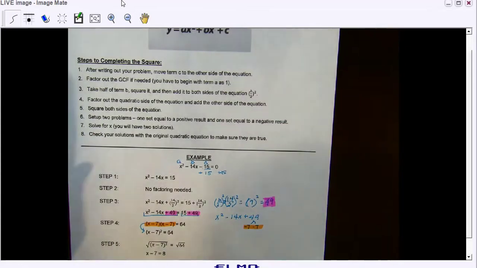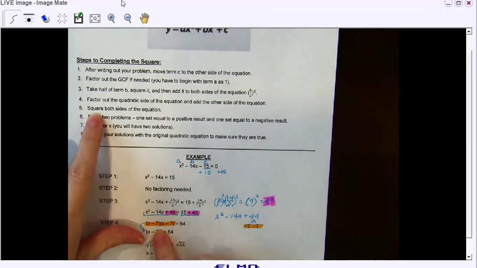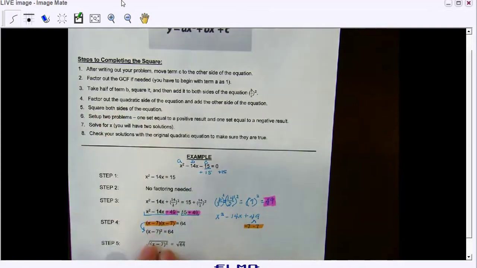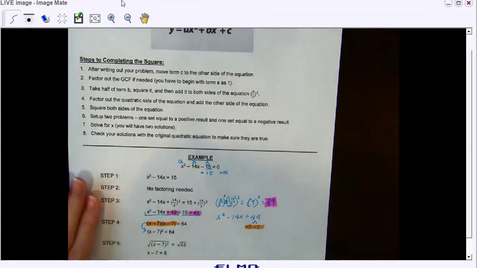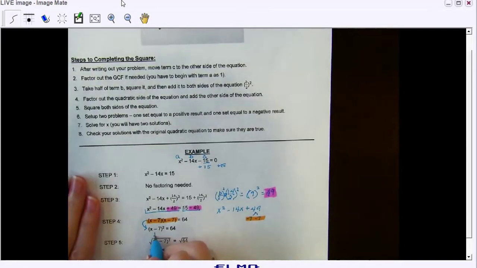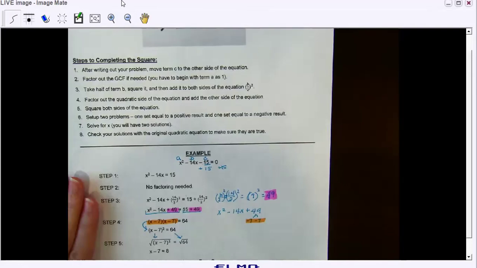Okay. Now, let's go to step 5. Step 5 says to square both sides of the equation. So that's what we're going to do. We're going to take this and we are going to square both sides.